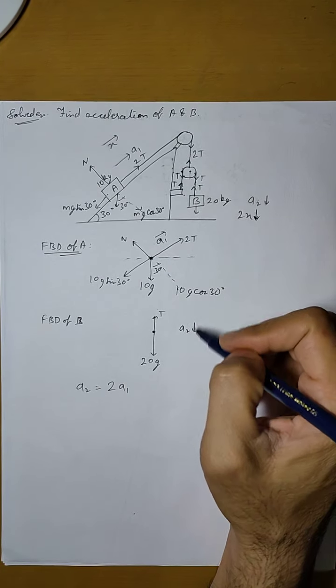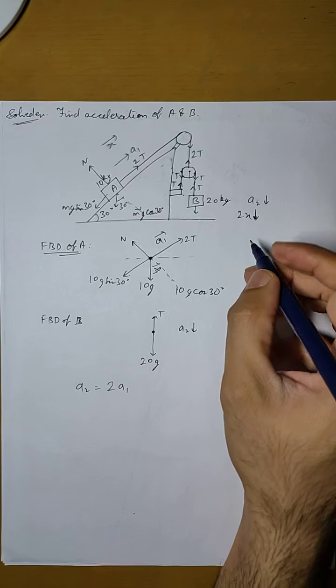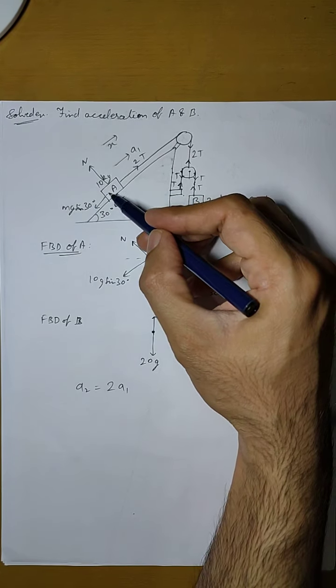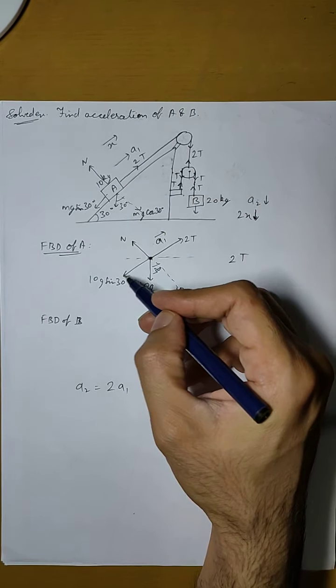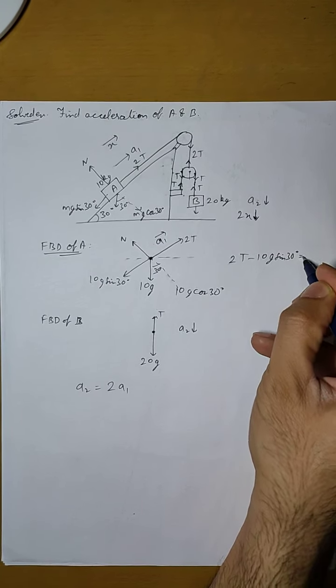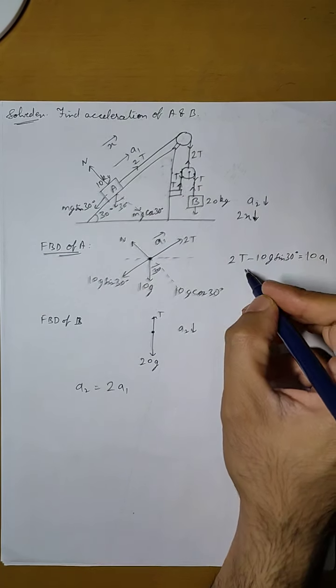Now from these free body diagrams, if we make the equations, then for this one it will be 2T, because A is moving in this direction, so 2T minus 10g sin 30 equals ma, so it will be 10a1.